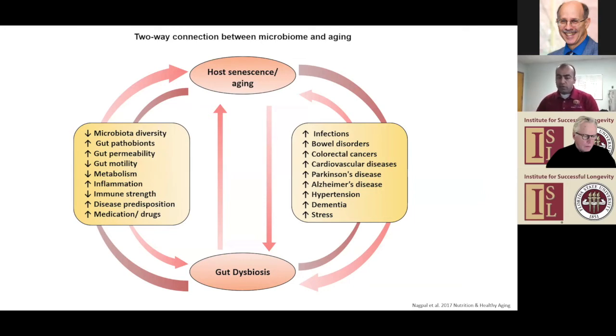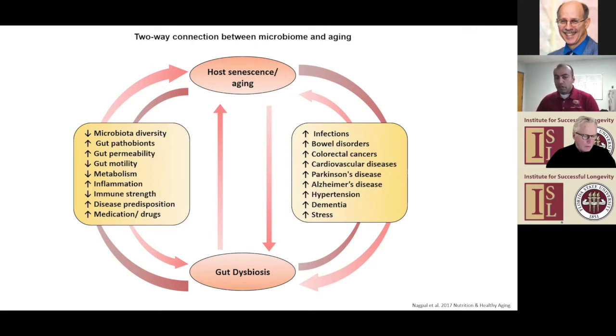While we know that any dysbiosis in the gut biome increases the predisposition to a lot of diseases, not only of the gut, like bowel disorders, colorectal cancer, and other problems, but also Parkinson's, Alzheimer's, hypertension, they have been associated with dysbiosis in the gut.